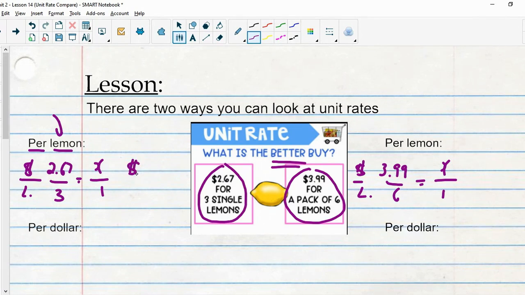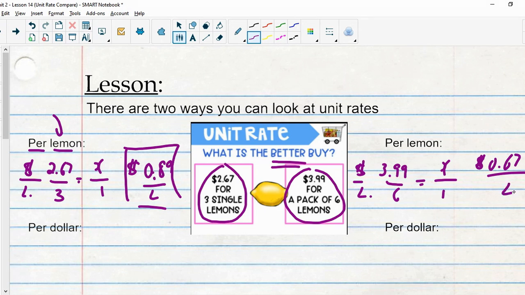So this turns out to be 89 cents per lemon. And this other one is $3.99 divided by 6. That's 67 cents per lemon. Turns out that this is cheaper.